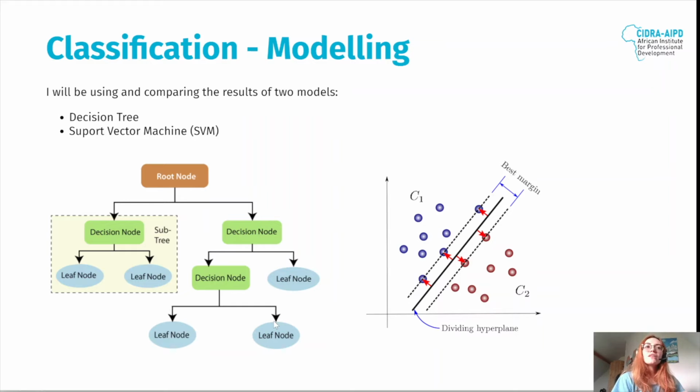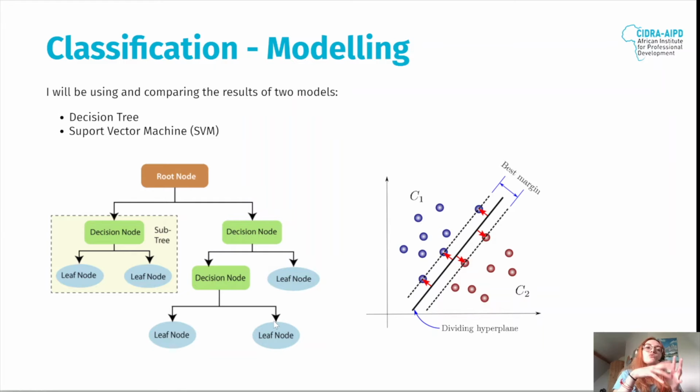Now, modeling. What are we going to do for modeling? I'll be using and comparing the results of two models, decision trees and support vector machines, or SVMs. I'm doing this because a lot of times when trying to answer a question with machine learning, we have a lot of models that can help us, and each one of them has its own strengths and weaknesses.